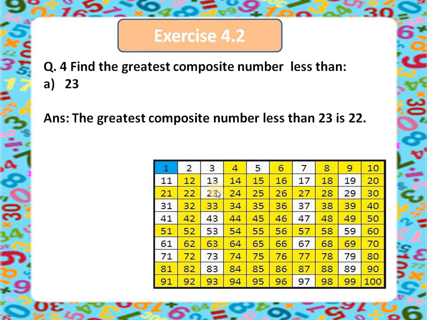So look, 23 is a prime number, but here we are looking for a composite number. But it has to be less than 23. So just before that, 22 is a composite number. The answer is 22. The greatest composite number less than 23 is 22.